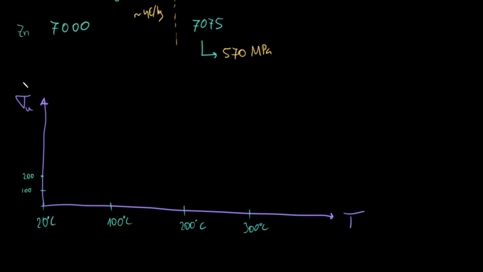This is megapascals. Let me plot first a normal alloy. Maybe at room temperature it's around 300.